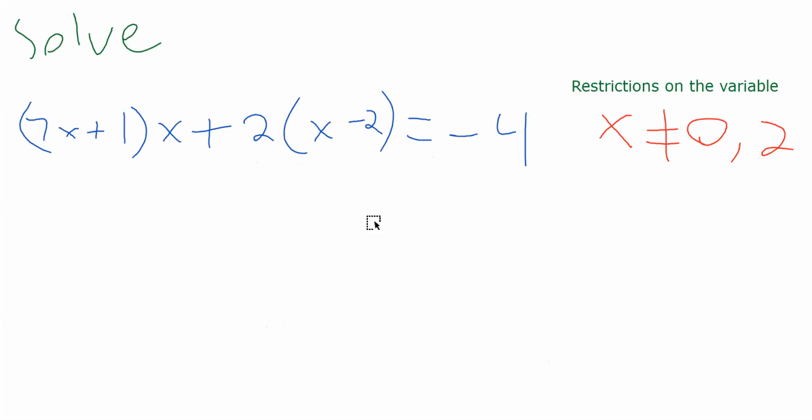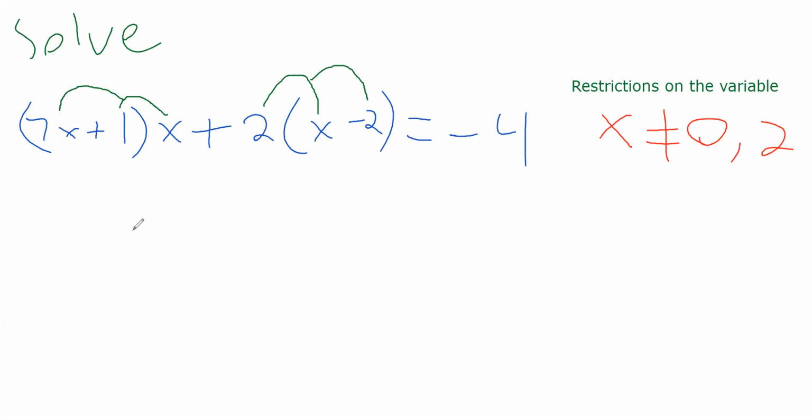So now we got to solve this guy, but notice all the denominators are gone. They're all gone. So what we need to do now is simplify it. We're going to need to distribute this x. We're going to need to distribute this 2. And let's see what comes out of that.